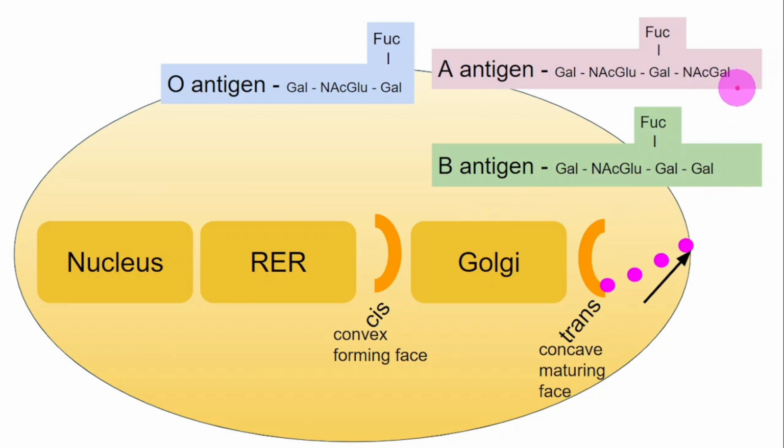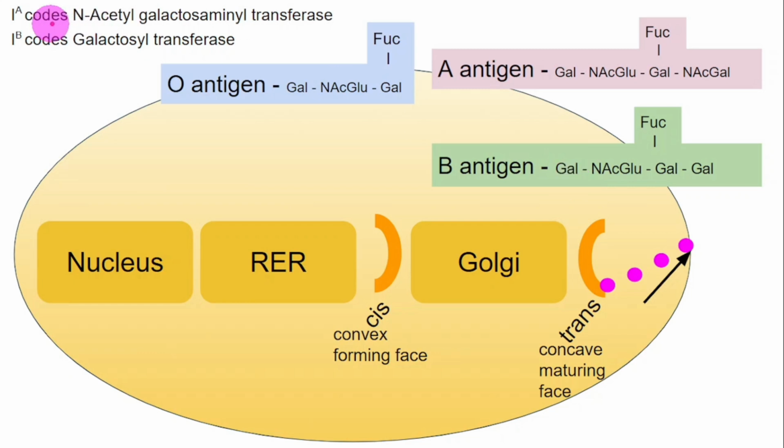So instead of N-acetyl galactosamine, there is galactose. So a difference of a sugar unit brings so much difference in the blood group antigens. And the IA, that means the dominant allele for A, it codes for the enzyme N-acetyl galactosaminyl transferase. And this is how the sugar unit is inserted on top of the O antigen. And the blood group becomes A antigen.